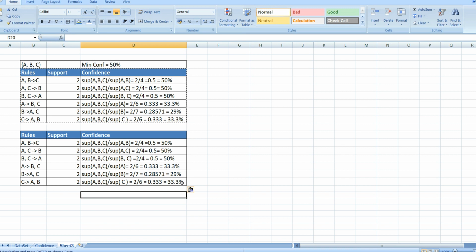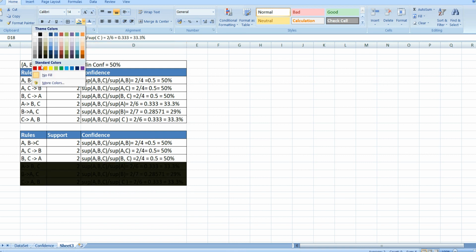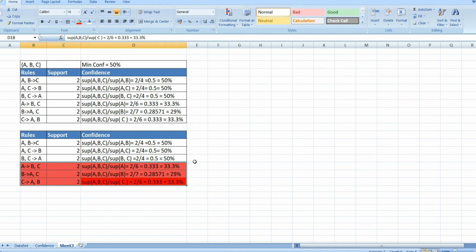So this means to say all these ones do not meet the minimum required. If we look at the results of the confidence, we would then say that where A and B appear together, they derive product C with a 50%.